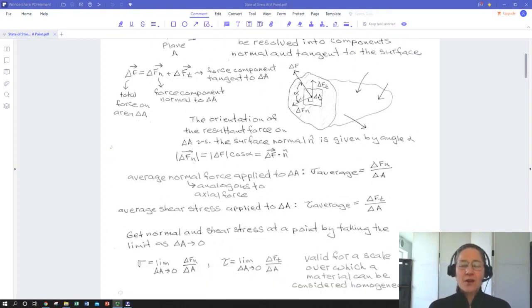So we can use our small area delta A, and our small force delta F in its resolved tangential and normal components, and we can define an average over that small area using the same rules we did for averaging over an entire body cross-sectional area: an average normal stress, delta F normal over delta A, and an average shear, delta F tangential over delta A. Now in this case we only have one tangential force because we have a single delta F that is the small component of the resolved forces acting on the body.